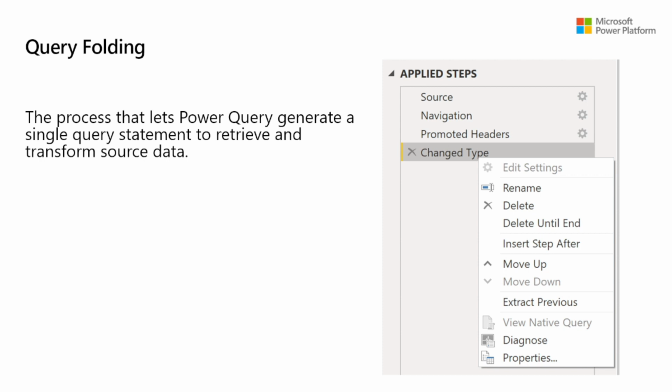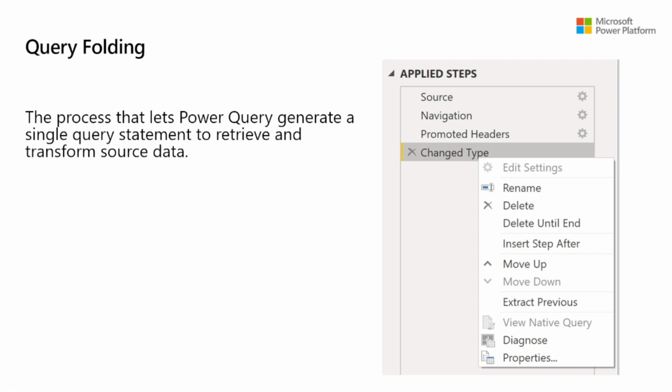Again, what is a native query? Whatever activity you are performing on your data source is not performed here, but is translated into your source. So let's say I'm saying change type, so it will go back and perform that activity at the source level. That is nothing but a native query.